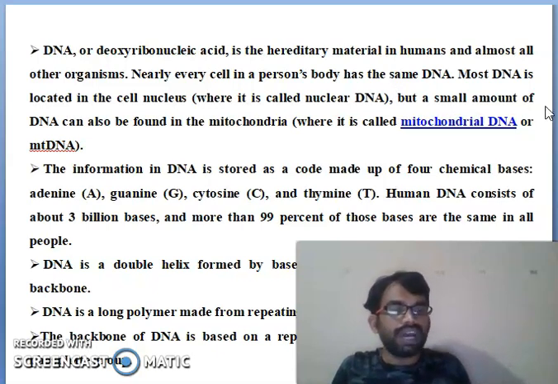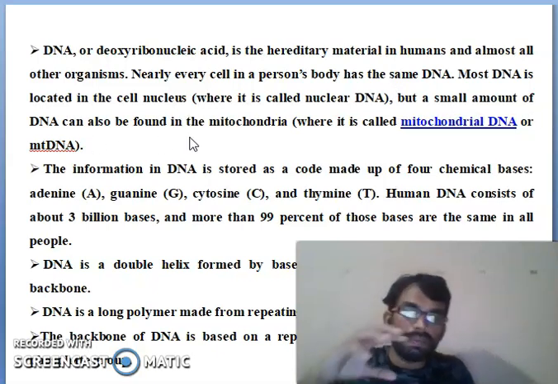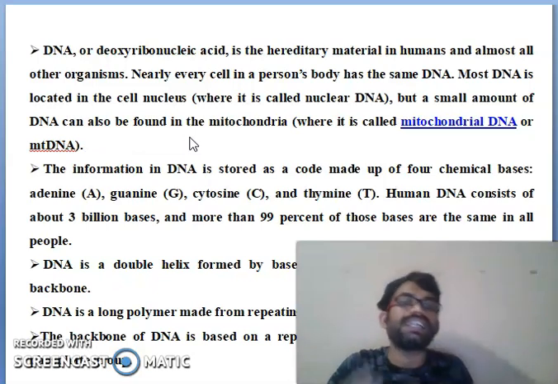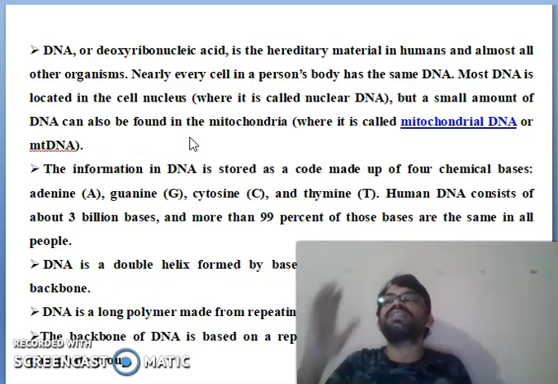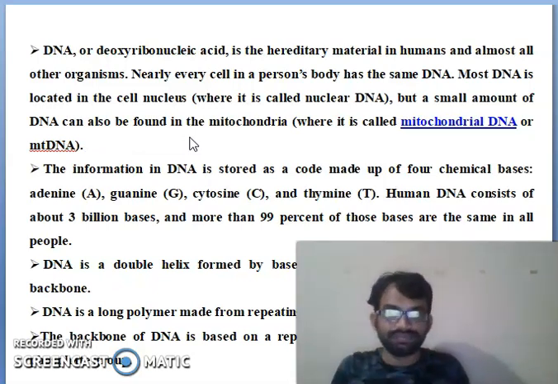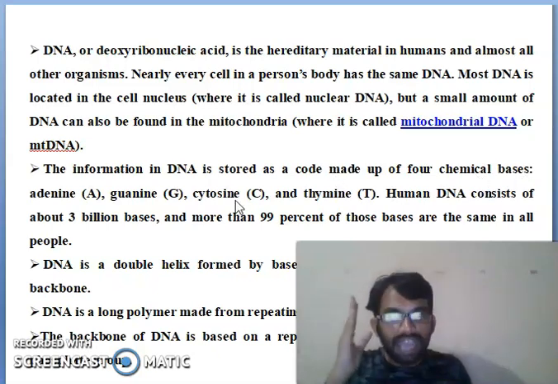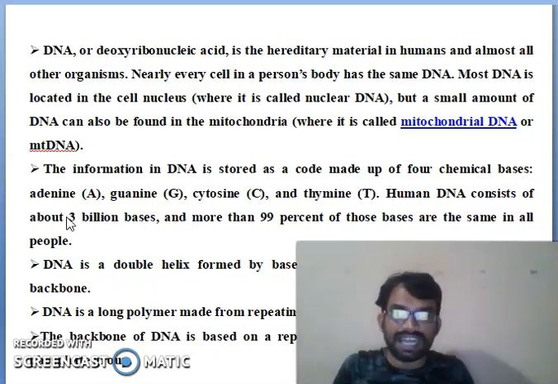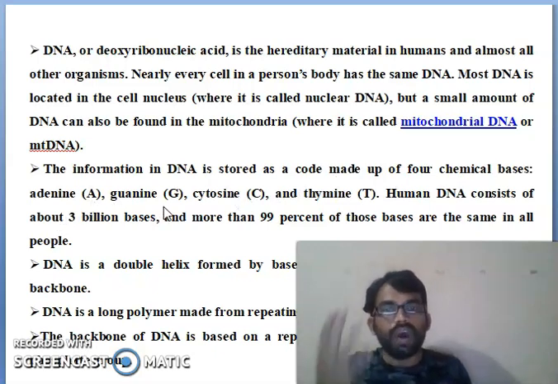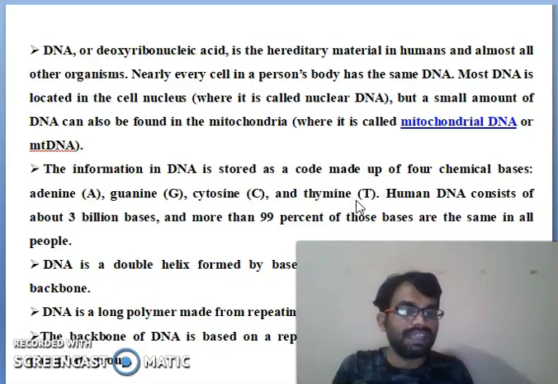A small amount of DNA can also be found in the mitochondria, which is called mitochondrial DNA, or simply mtDNA. The information in DNA is stored in a code made up of four chemical bases, as discussed in the previous slide: A for adenine, G for guanine, C for cytosine, and T for thymine.